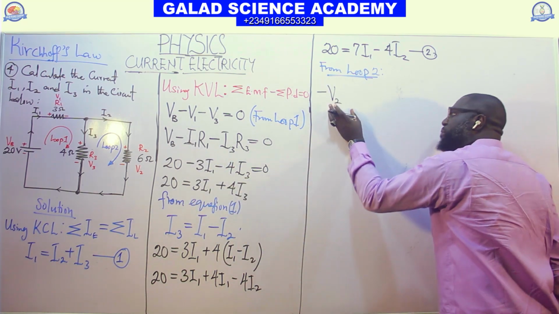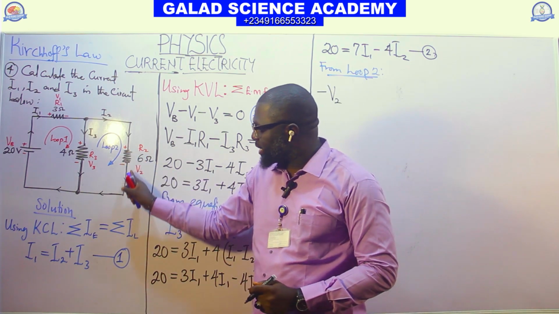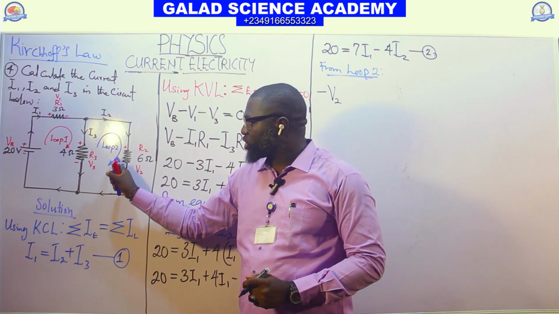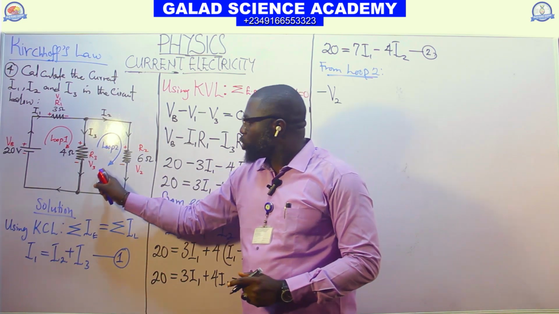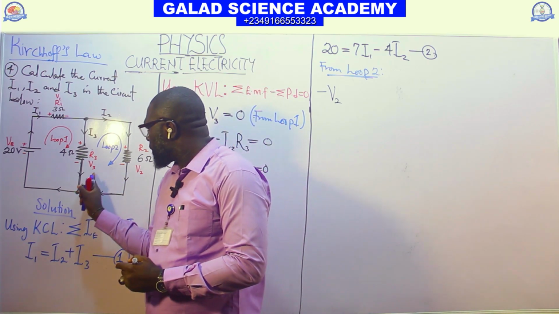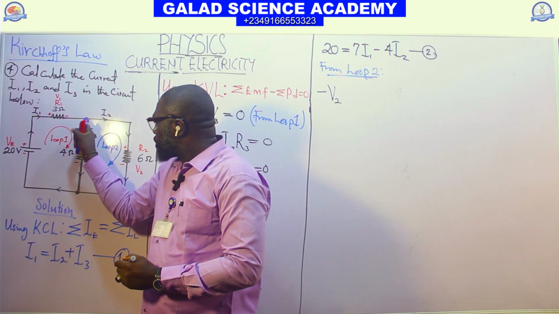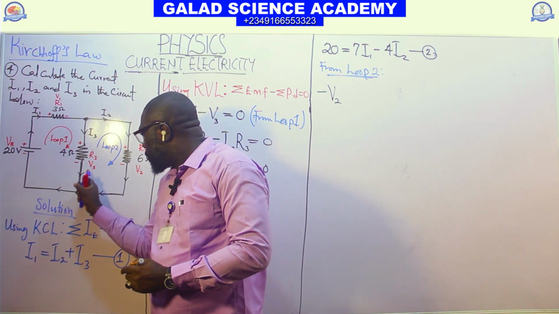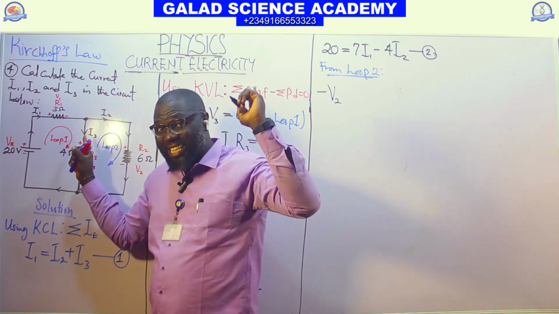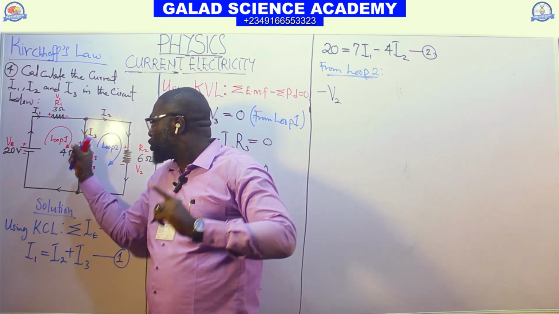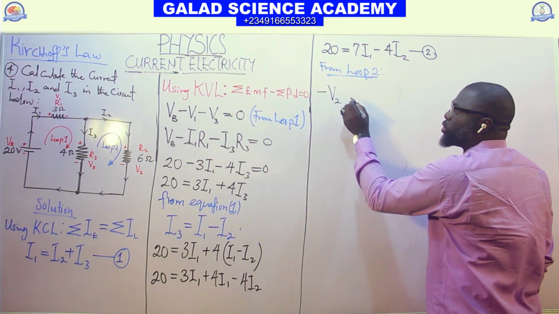Then the next one is moving like this, this is the loop direction. After this, you go to R3. When the loop is moving from negative to positive here, and the current coming down like this, the loop travels in the opposite direction to the current. Check the case I gave you from the beginning. It will give you positive. So it will be what?